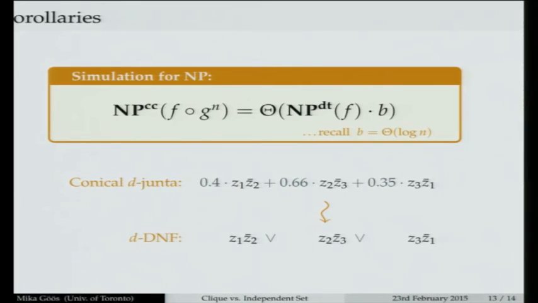Now, this is how you transfer lower bounds for decision trees to lower bounds for communication. The upper bounds are just trivial because a communication protocol can always just simulate a decision tree. I mean, whenever a decision tree queries a particular input to the outer function, you just spend b bits to communicate all information about the corresponding gadget.